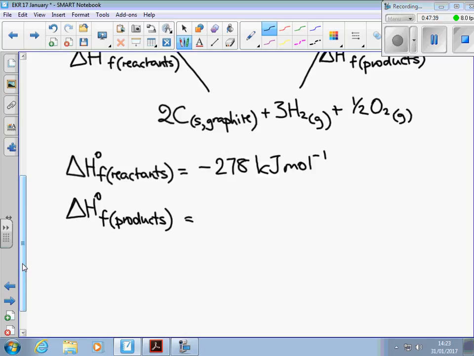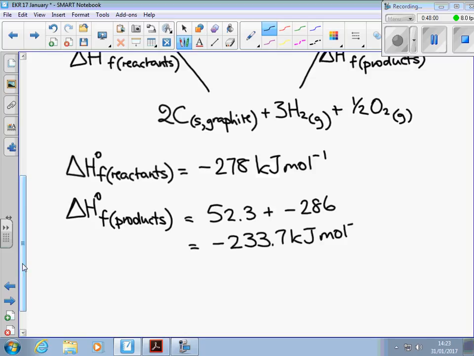So for the ethene, 52.3, yeah, positive number, that one. And then we're adding on to that a negative number, minus 286. So we end up there with minus 233.7. All right, hopefully.